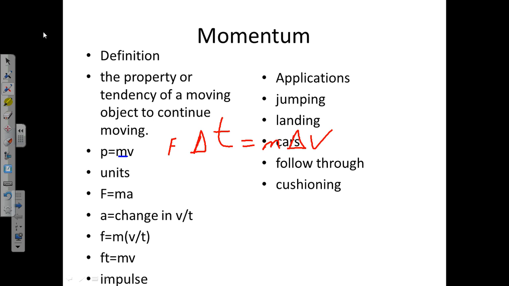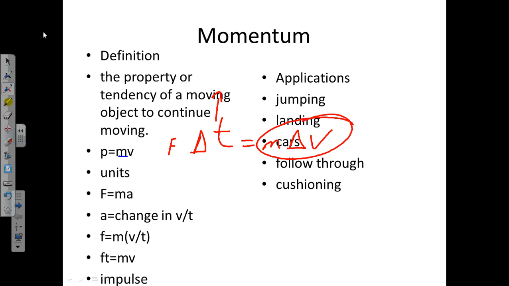If you hit a wall in your car, moving very fast, this has to change the same no matter what. What an airbag does, when you hit an airbag, instead of hitting your steering wheel, the airbag slowly compresses. The time it takes you to stop becomes fairly large, and therefore the force that's stopping you is fairly small. That way you don't break your neck.